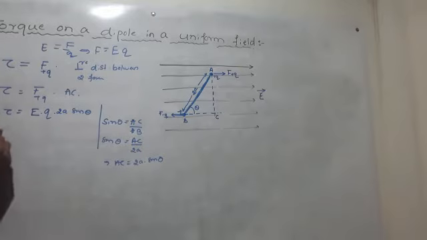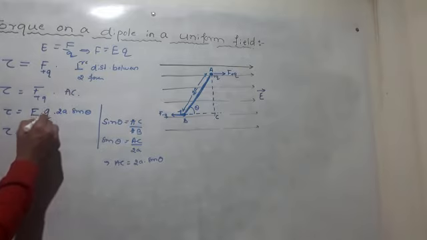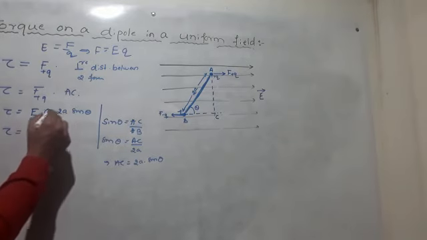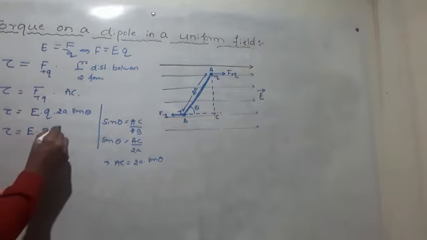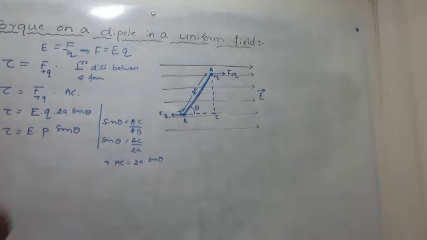That implies tau is equal to E into Q into 2A sin theta. Now charge into length of the dipole, Q into 2A, gives the dipole moment, therefore tau is equal to E into dipole moment into sin theta. So this is the expression for the magnitude of the torque.